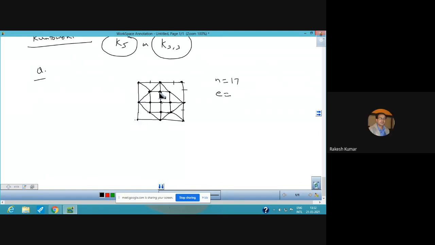The number of edges are 1, 2, 3, 4, 5, 6, 7, 8, 9, 10, 11, 12, 13, 14, 15, 16, 17, 18, 19, 20, 21, 22, 23, 24, 25, 26, 27, 28, 29, 30.